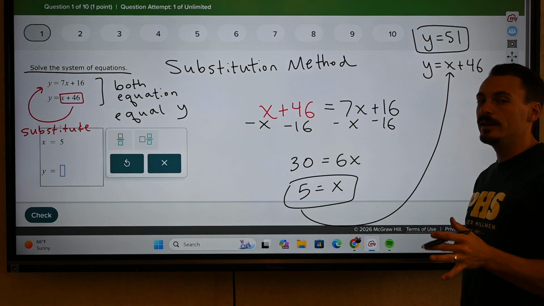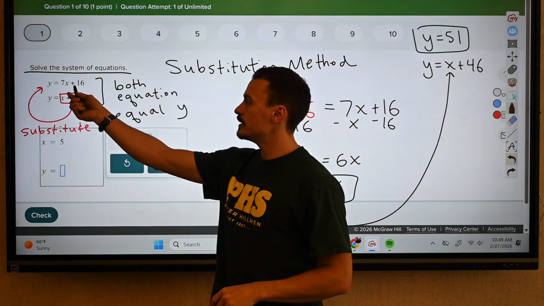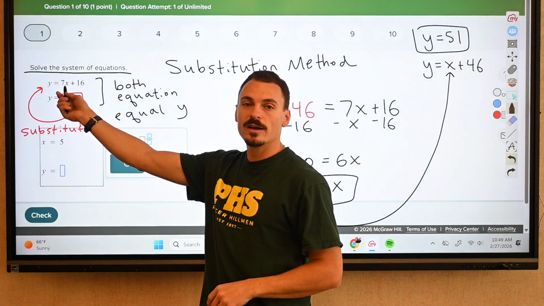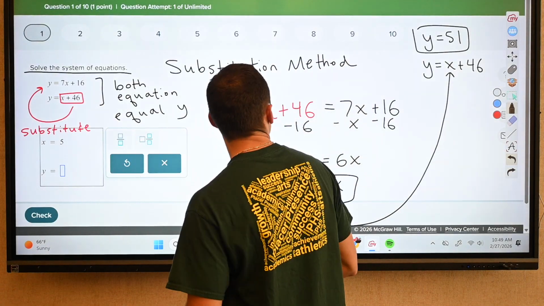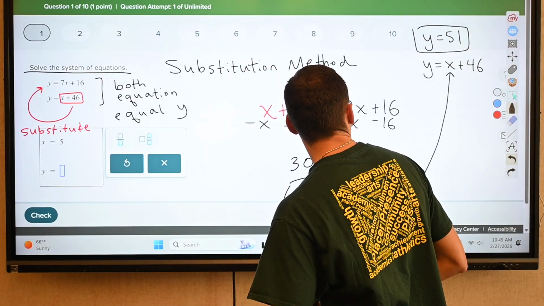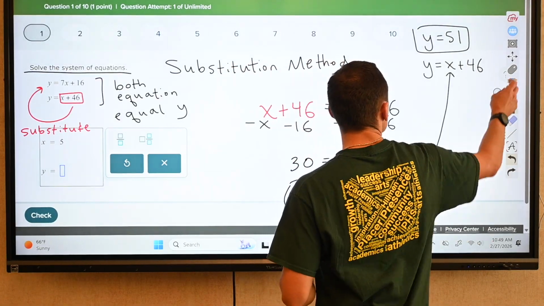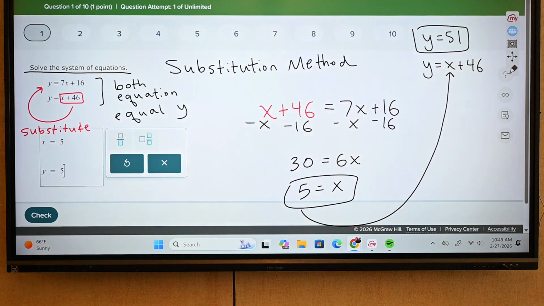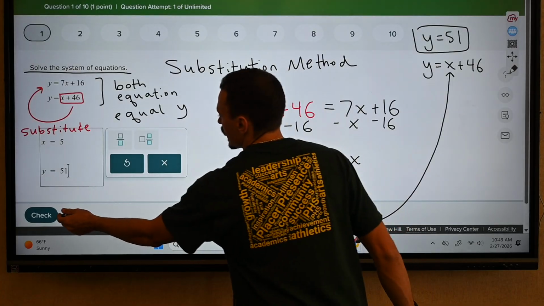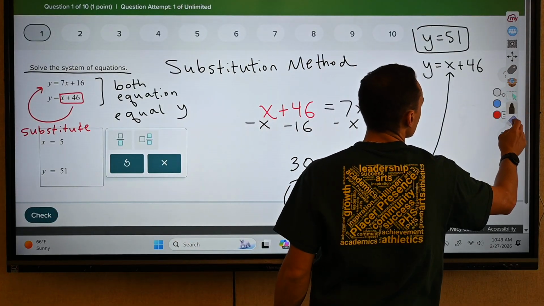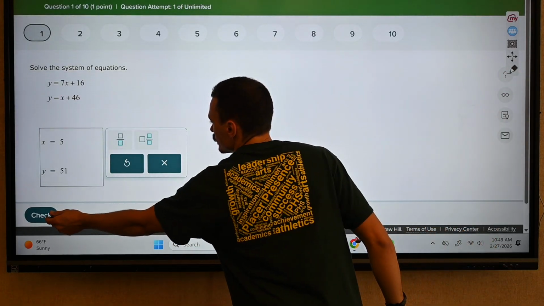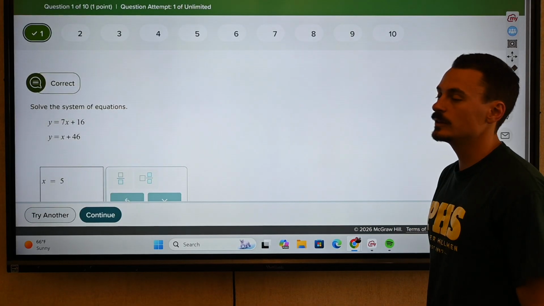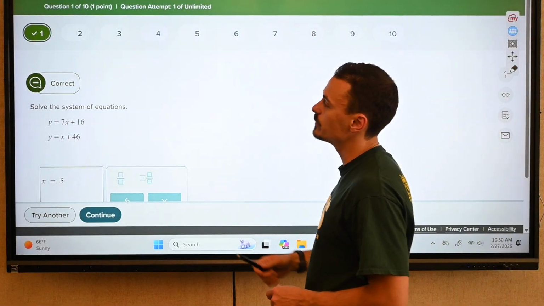This would work for either equation: 7 times 5 would be 35, plus 16 is 51. So y is equal to 51. Check it. Good.